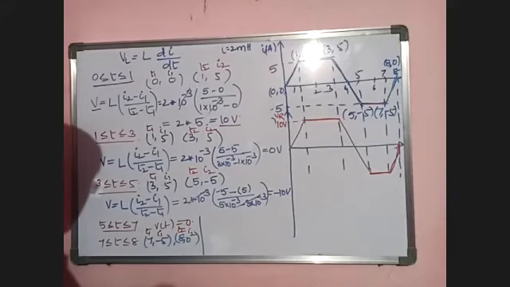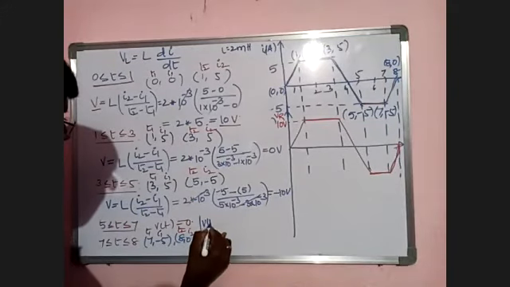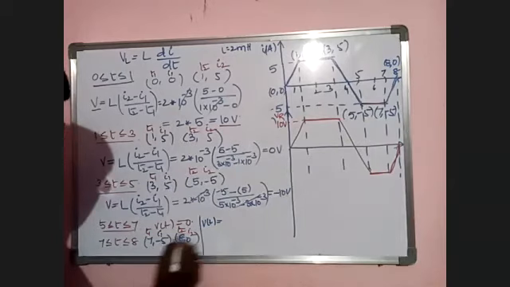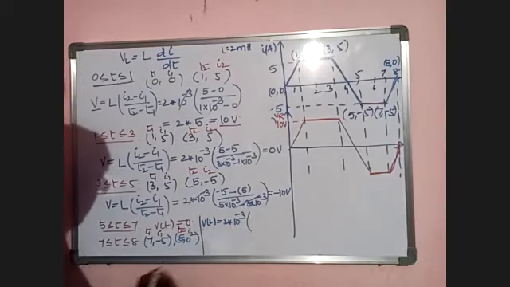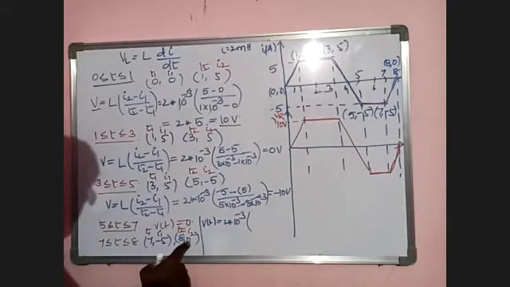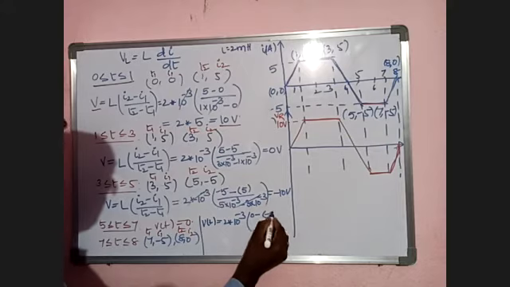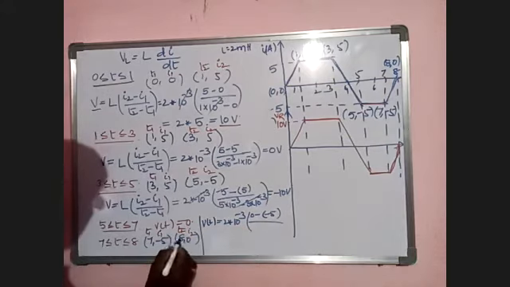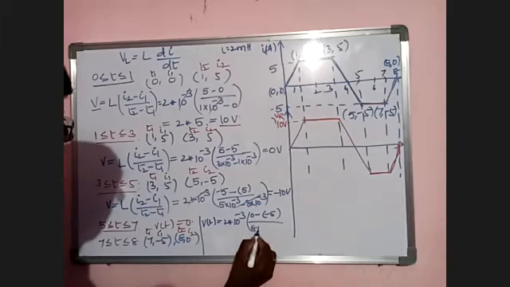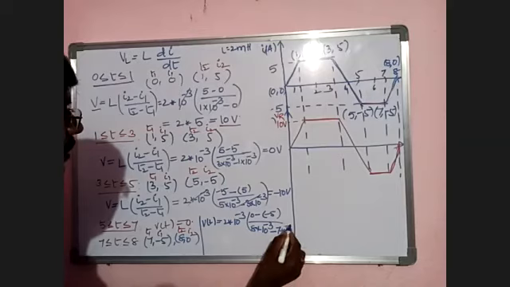From this, V of t is equal to 2 into 10 to the power of minus 3 into (0 minus of minus 5) by (8 into 10 to the power of minus 3 minus 7 into 10 to the power of minus 3).